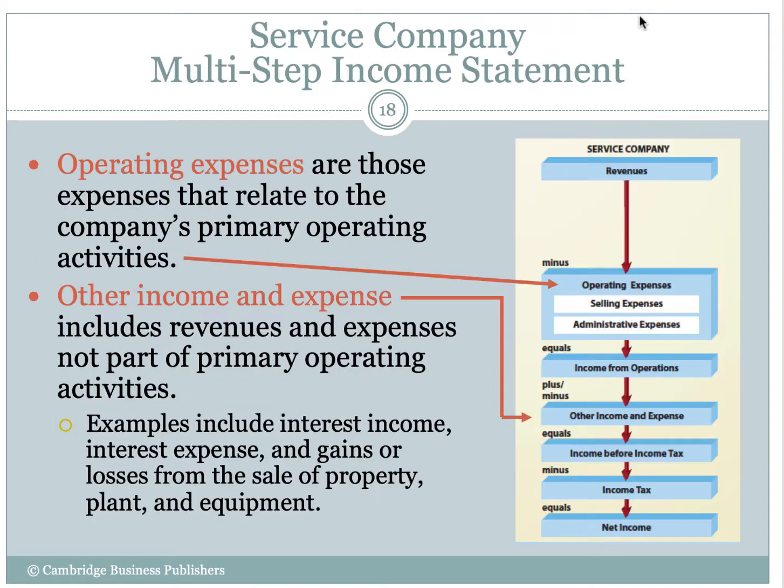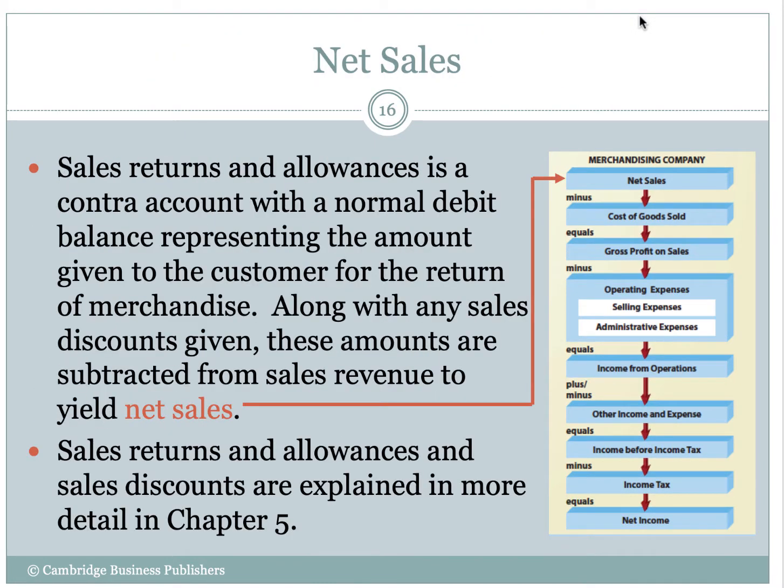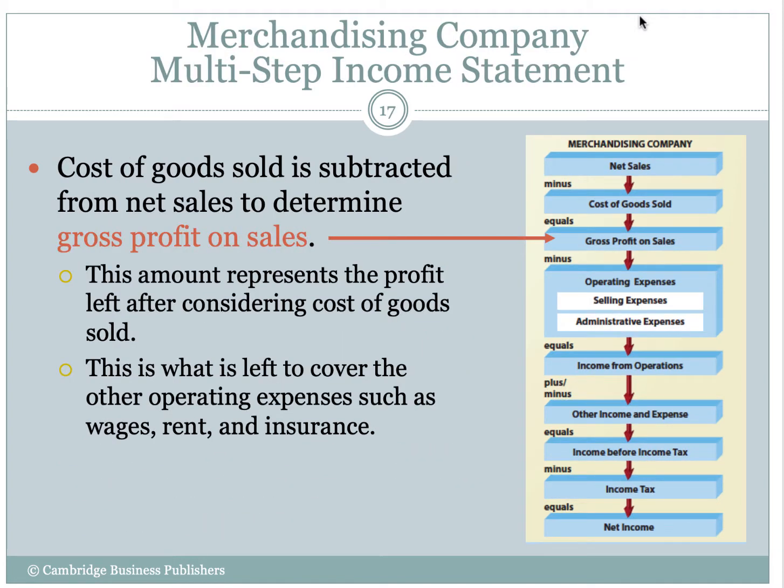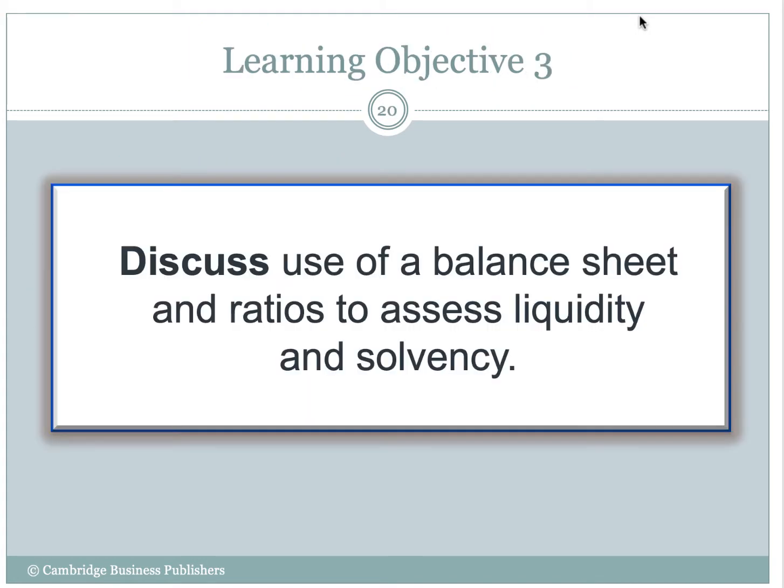I think we just did a good review of what you need to know coming from net sales, calculating the multi-step income statement, net sales, gross profit, operating expenses, the idea of other net income and expenses. Okay, so tune back in for our next video where we get into the really fun stuff and we get to look at ratio analysis.